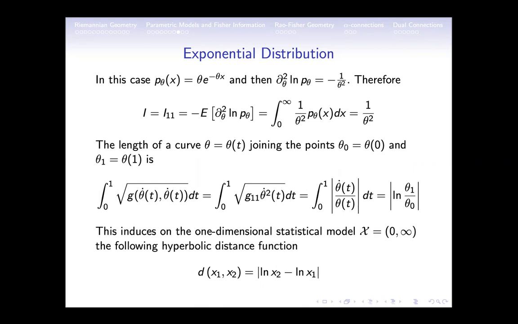So this is basically the hyperbolic distance function on the one-dimensional statistical model. This is when we define G11 as I11, 1 by theta squared. We are trying to somehow motivate that this G and I should be made equal, and then we can do good stuff.